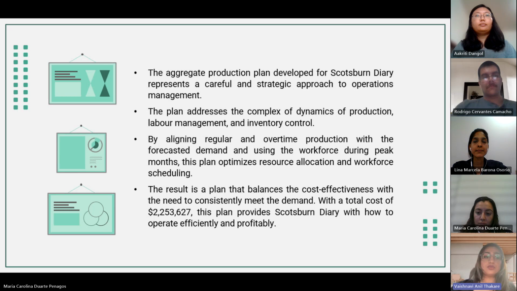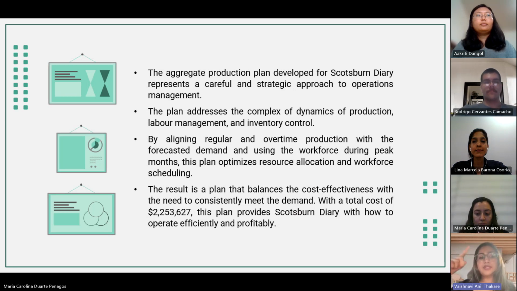This plan takes into account the complexities of production, managing workers, and controlling inventory by making sure we produce just the right amount during regular and overtime hours to meet the expected demand and using our workforce efficiently during busy times. We're finding the perfect balance between saving money and always meeting customer needs.